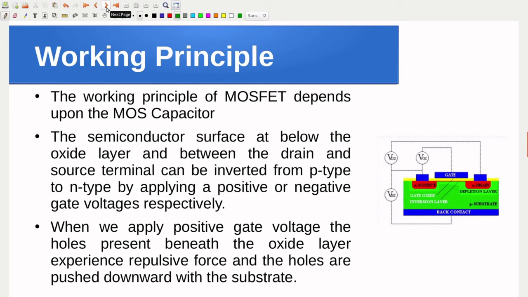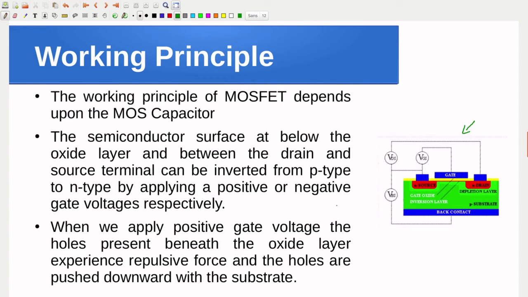Now let us see the working principle of the MOSFET. For that, look into the diagram where the connection is shown. The voltage applied to the various leads is shown.